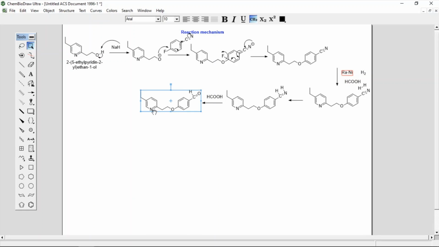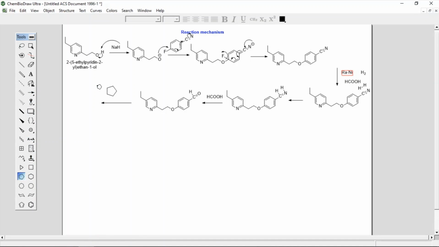Then the next step is this will react with your thiazolidine-2,4-dione in presence of piperidine as a base. So on an arrow, your thiazolidinedione and piperidine.